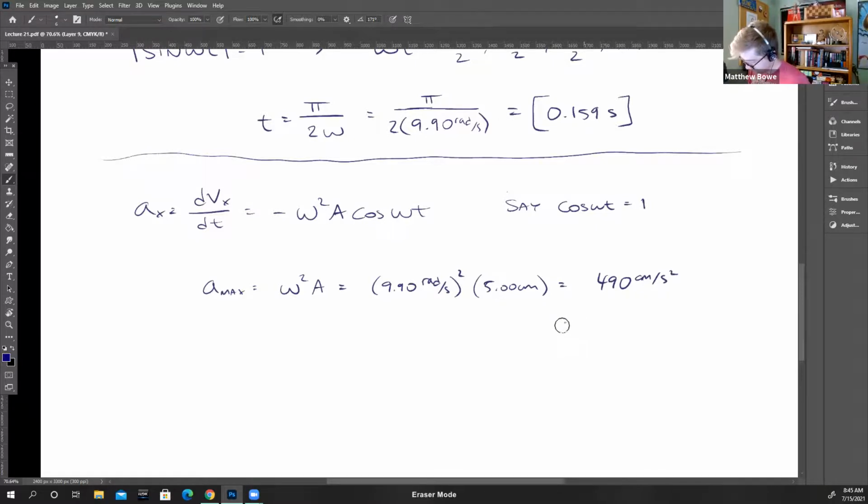I don't like those units, so I'm going to say 4.9 meters per second squared. That's a bit easier to wrap our heads around since we've been doing that the whole semester.